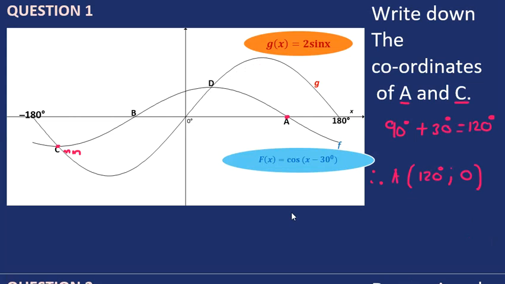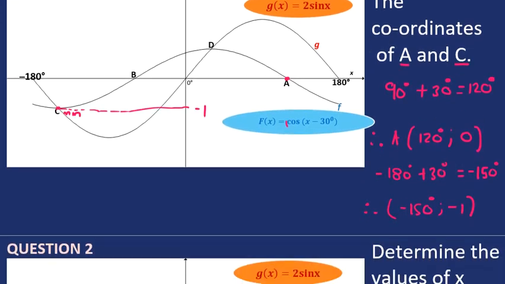The normal cosine function would have its turning point at negative 180, but there's been a 30 degree shift. So negative 180 plus 30 will give us negative 150 degrees. What about the y value? Remember, the y value will be at the amplitude. We know that the amplitude of the cosine graph is 1, and at this point, it will be at negative 1. So the coordinates of C would therefore be negative 150 degrees and negative 1.